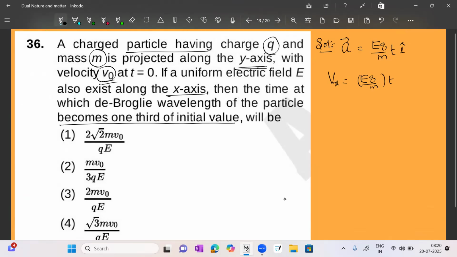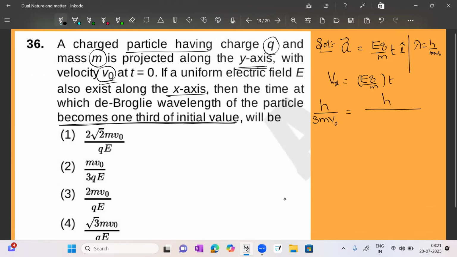Now, the de Broglie wavelength of the particle becomes 1/3, which means h by 3 m v naught. Initial de Broglie wavelength, if you take, lambda equals h by m v naught. So it becomes 1/3.